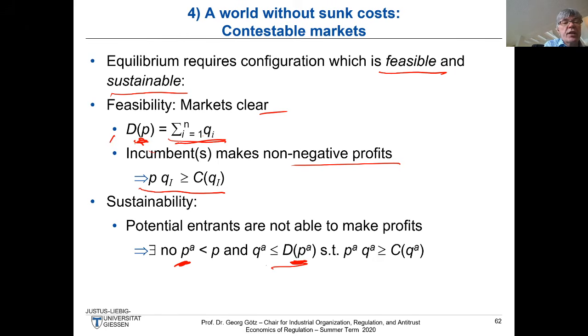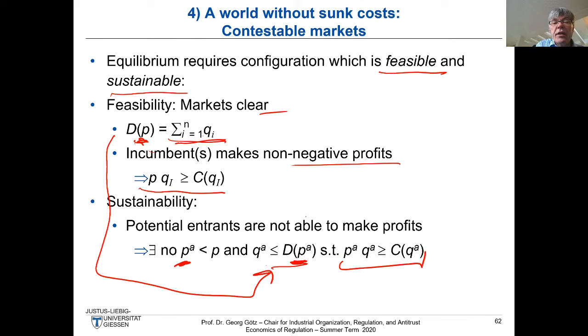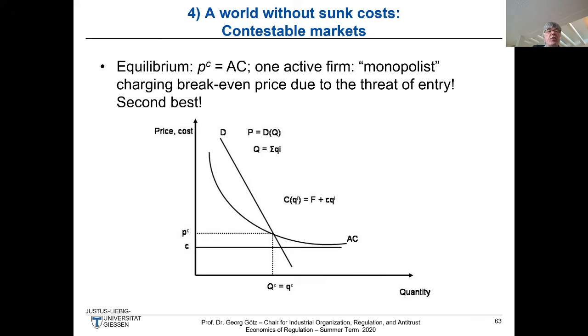I had a hard time to explain that up there. Here the point is that at this price you don't find enough customers so that you can break even as an entrant. It's really better, I think, to explain it by means of the diagram I used here.